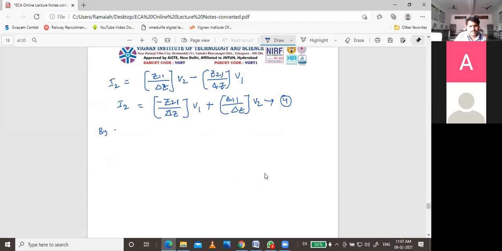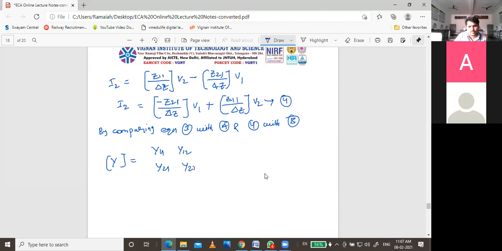Now, by comparing equation 3 with equation A and equation 4 with equation B, you will get the Y parameters like this. The Y matrix is Y11, Y12, Y21, Y22.